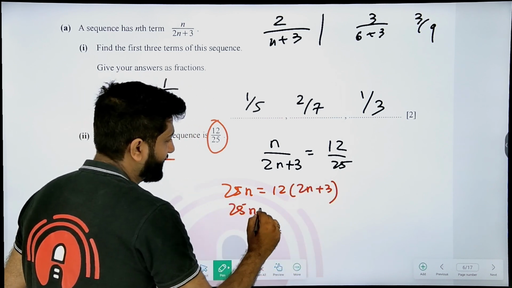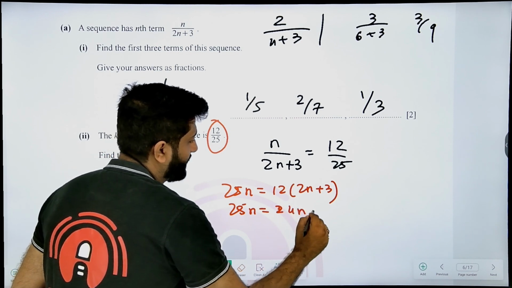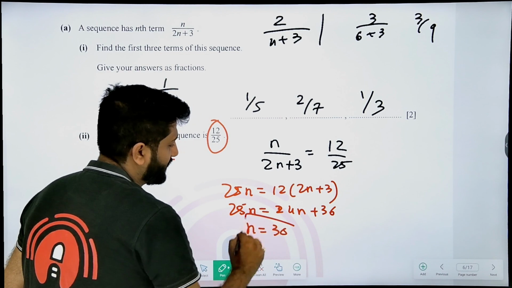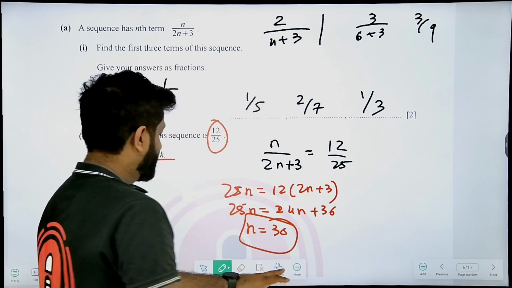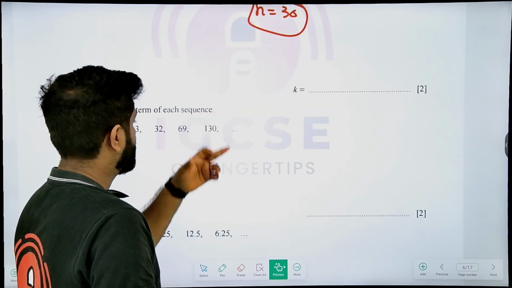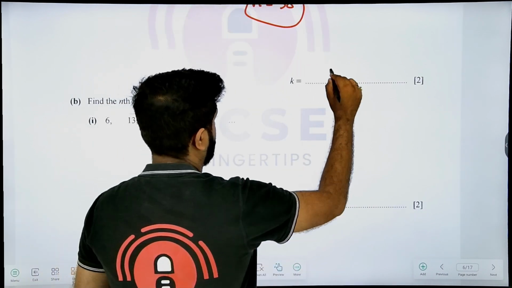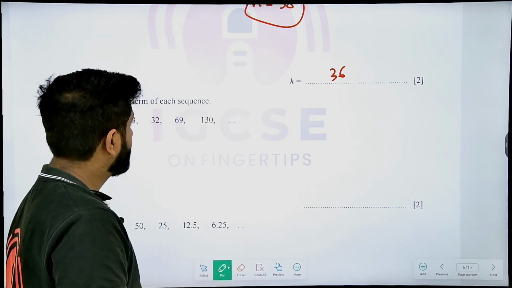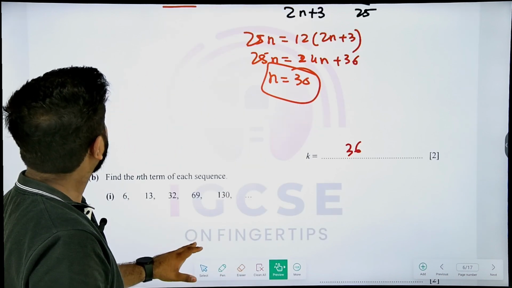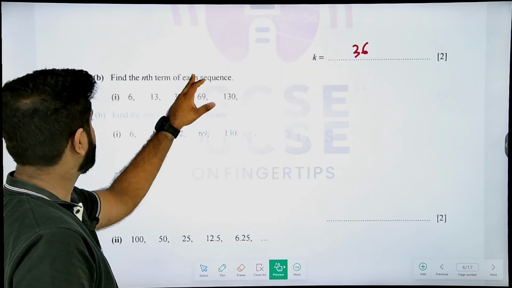So 25n is equal to 24n plus 36. So from here I have n equals 36. Yes, the value of n is going to be 36.